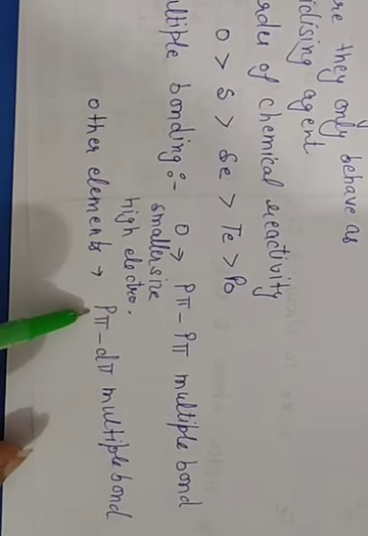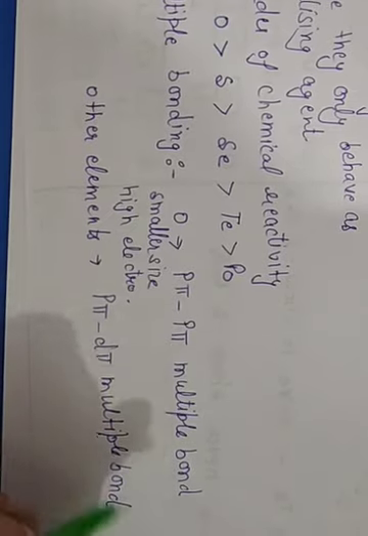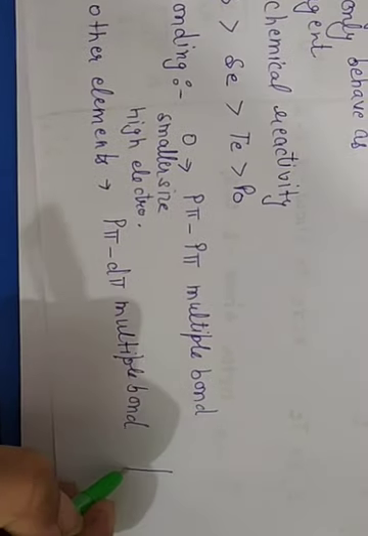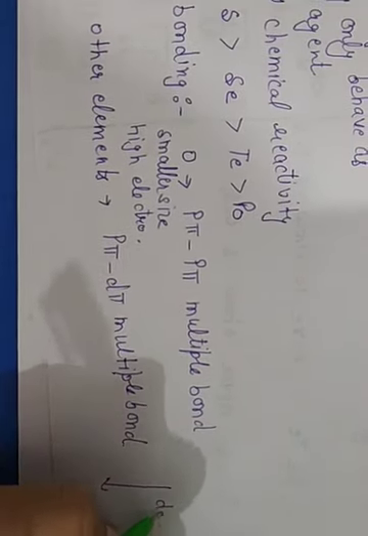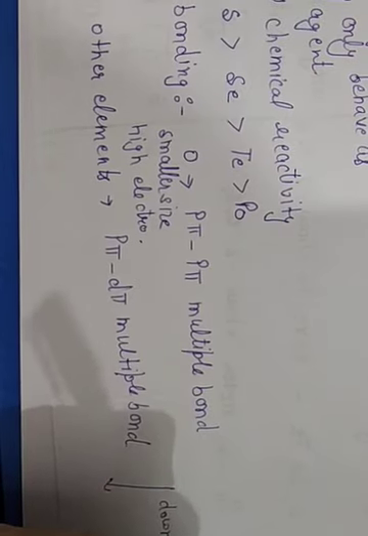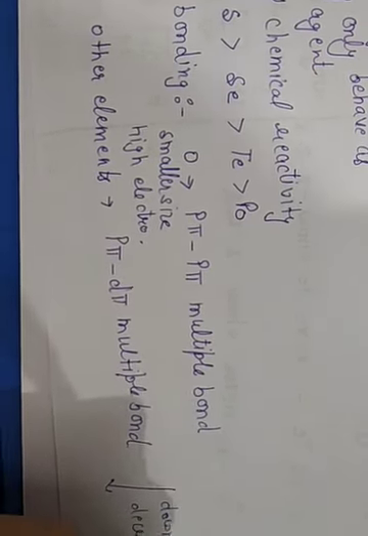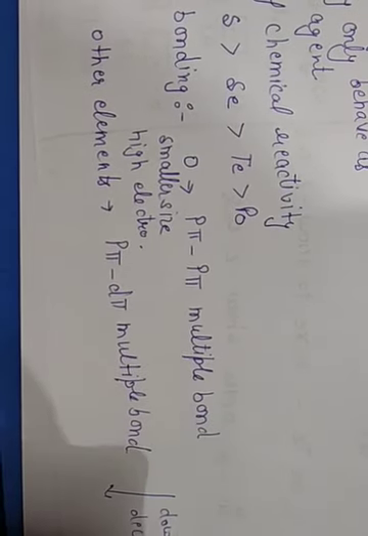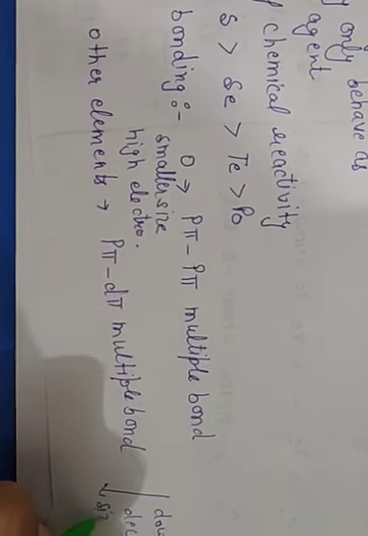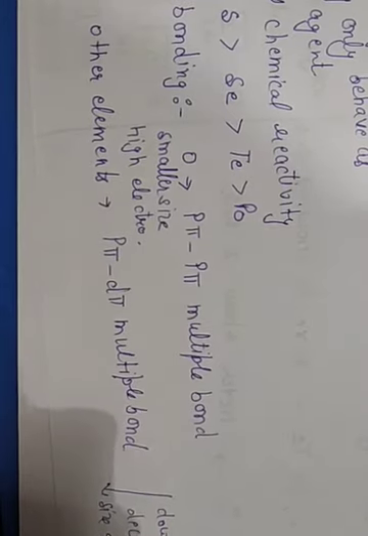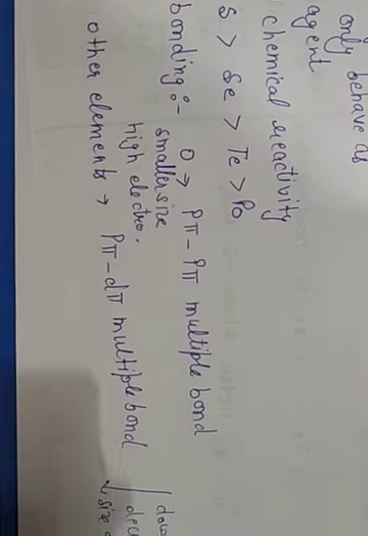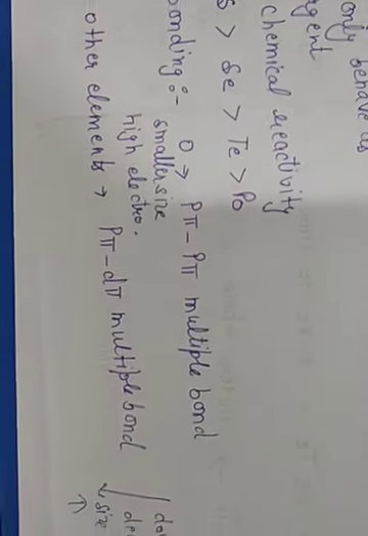But this tendency to form p-pi d-pi multiple bonds decreases down the group as the size of the central atom increases.